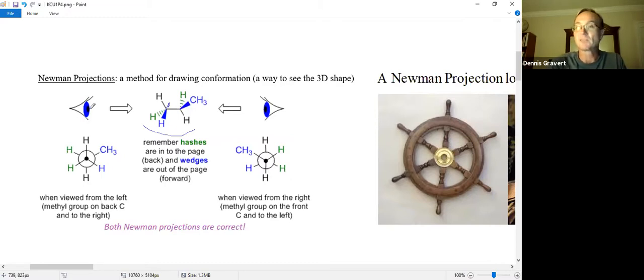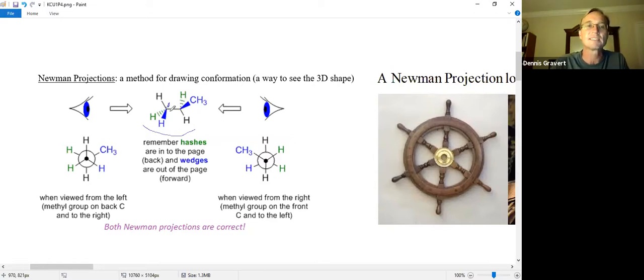And the other perspective is, let's say that you decide to look at this very same molecule in this exact shape, but from the left-hand side. Now the closer carbon is the one that bears three hydrogens. That's this dot that represents the forward carbon with three attached hydrogens. And from the perspective of this eyeball, this carbon on the right is farther away.